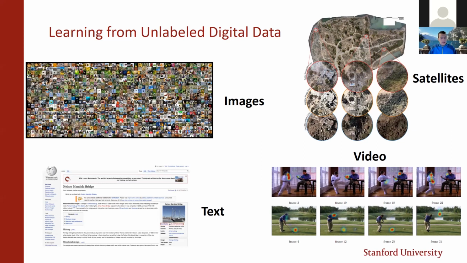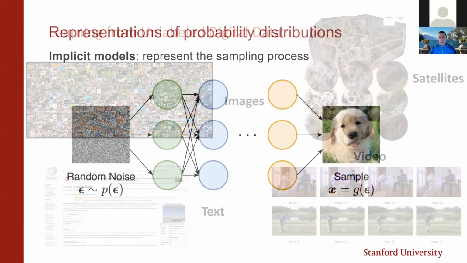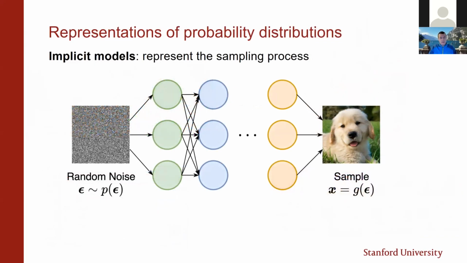So how do generative models work? Well, there are two main classes of generative models. The first one are implicit models, where essentially the model directly represents the sampling procedure that you use to produce samples, let's say to generate images. Perhaps the most famous class of implicit models are generative adversarial networks, where the method starts from random noise sampled from some simple distribution like a Gaussian, then transforms it using a neural network into a sample.